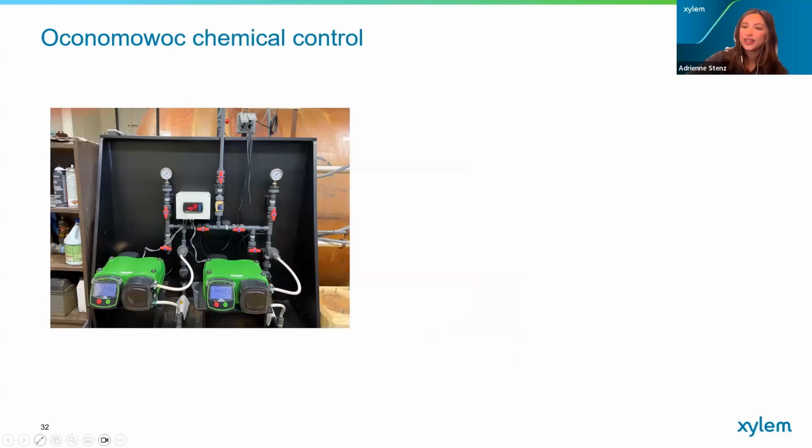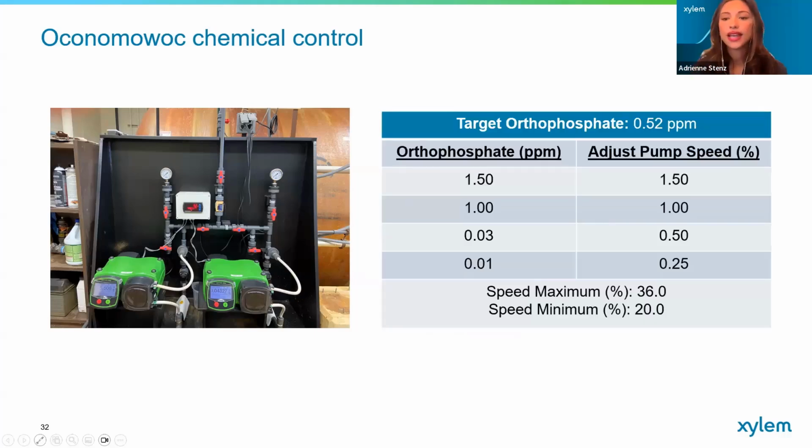The Alyza analyzer directly controls 2 ferric chloride dosing pumps, shown here. And the pumps use a multi-level control scheme to target an orthophosphate concentration of 0.52 parts per million. The pump speeds vary from a minimum of 20 to 36%.